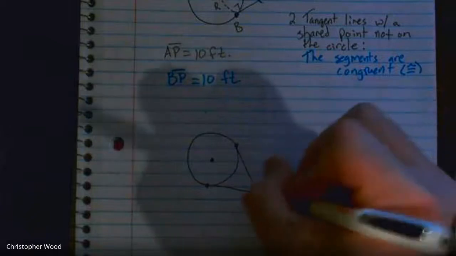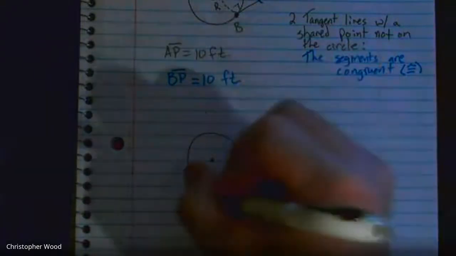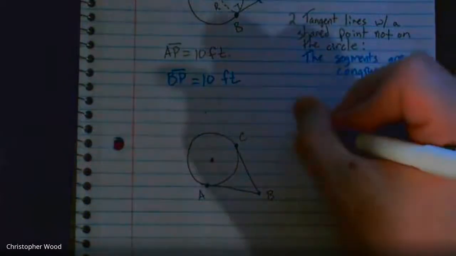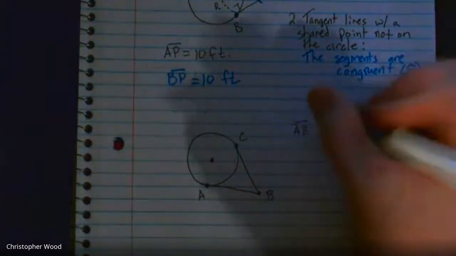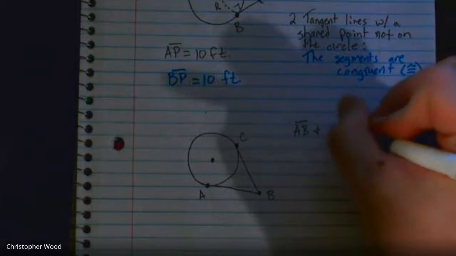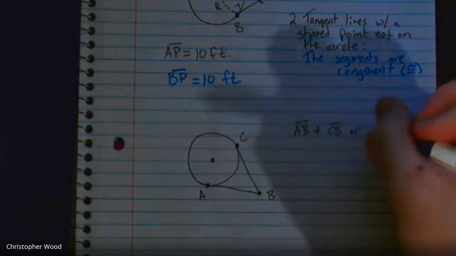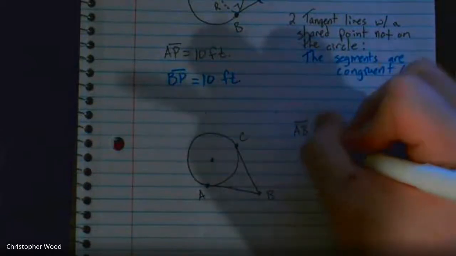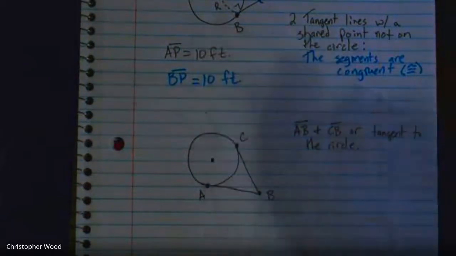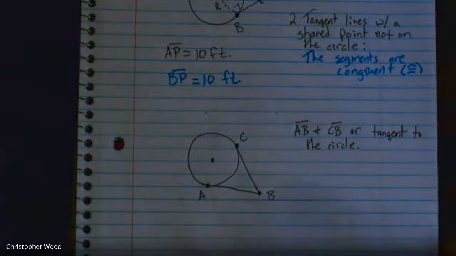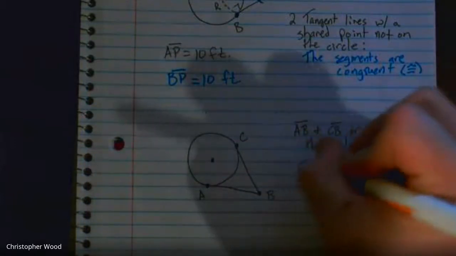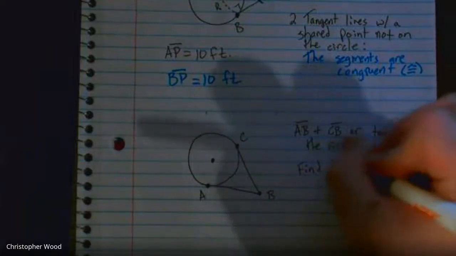Let's call this B, I'll just call it A, B, and C. So I know that segment AB and CB are tangent to the circle. And I want to solve for the distance. So find CB, find the distance of CB.